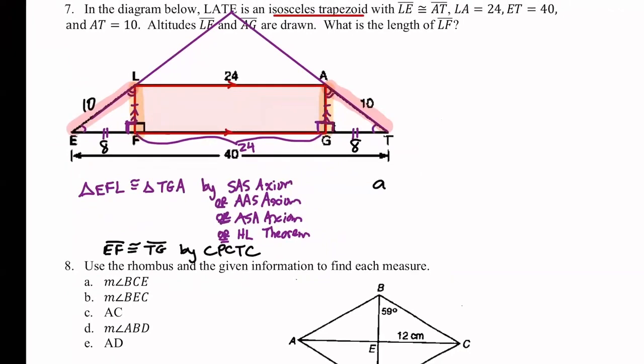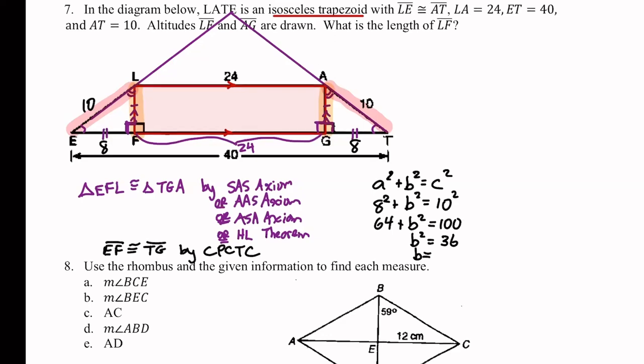A squared plus B squared is equal to C squared. 8 squared plus some unknown vertical side, B squared, is equal to 10 squared. Assuming you don't remember your Pythagorean triples, 64 plus B squared is 100. B squared is equal to 36. And because we only care about the positive square root, B would be equal to 6.